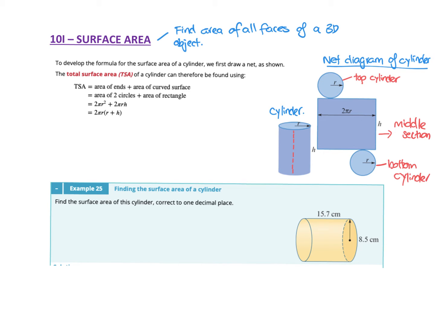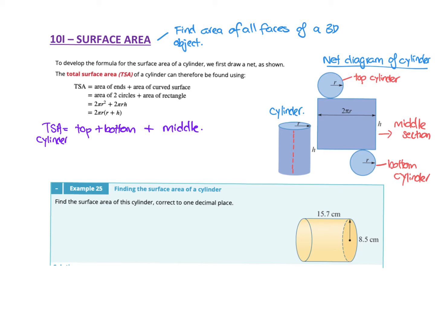When you try to find the total surface area of a cylinder, we call it total surface area, meaning we're adding up all the surface areas. So we've got the top plus the bottom plus the middle part.